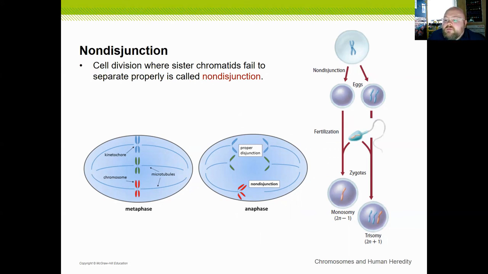One situation you can probably think of would be Down syndrome. In Down syndrome individuals, there is an extra copy of the 21st chromosome. This is all stemming from nondisjunction. Those chromatids don't separate properly in the formation of the gametes, and then they get passed on, and the new organism has too many chromosomes.